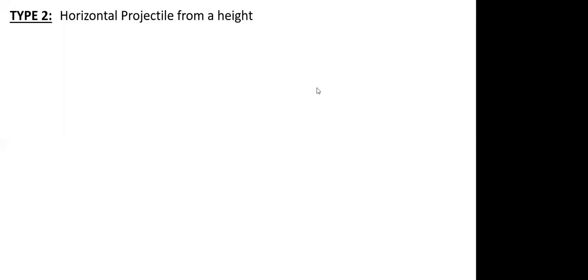Diagrammatically, you can say this is the building with some object on it. I'm going to throw this exactly horizontal with the velocity u, and obviously it is going to form a projectile when it reaches the ground.